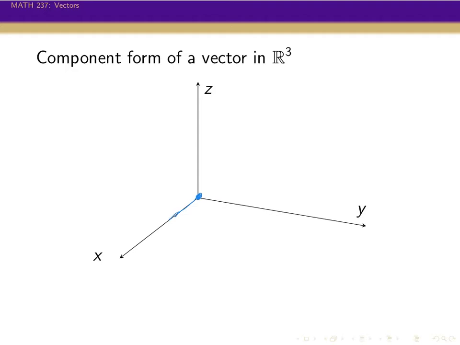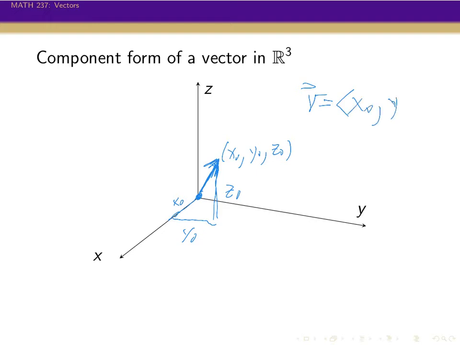And then if we go out x0 over, y0, and then up z0, we then can talk about this vector going out to the point x0, y0, z0, and this vector v now in 3 dimensions is going to have 3 components. So what v does in R3 is it moves you in the x direction x0, the y direction y0, and in the z direction z0.